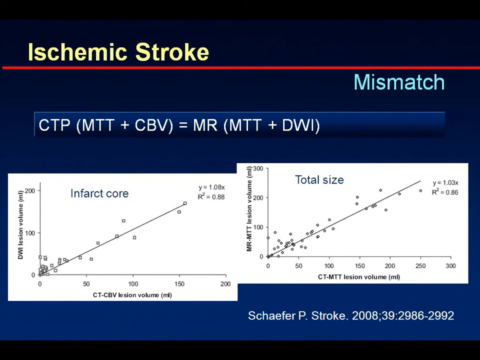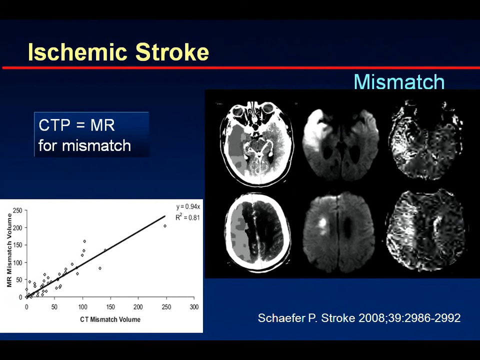Here's a nice study that showed that the infarct score and the total size, when measured with CT and compared to MR, correlate extremely well. High R correlation coefficients and actually an almost identical line, same over here. So basically these two things obviously measure the same thing. Same holds true for the mismatch.